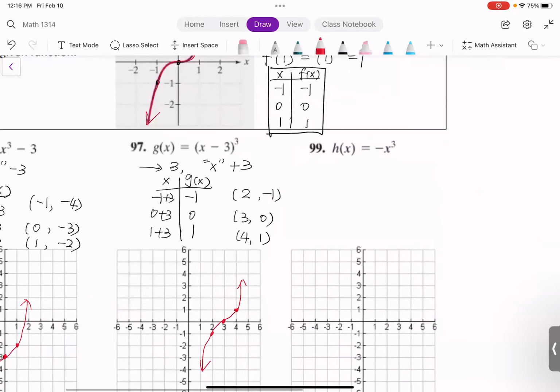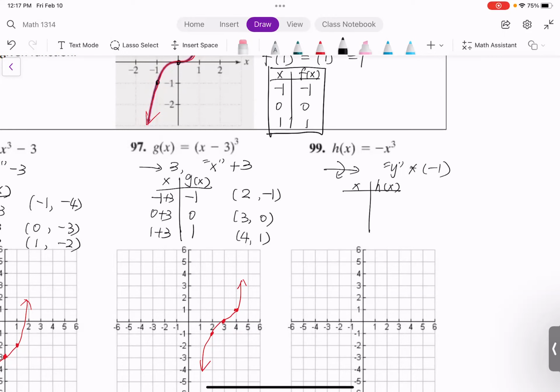So h of x equals -x cubed. So we have negative f of x. That's a reflection along the x-axis. So all the y multiplied by -1. Okay, let's find the new key points. Now this is h of x. X doesn't change.